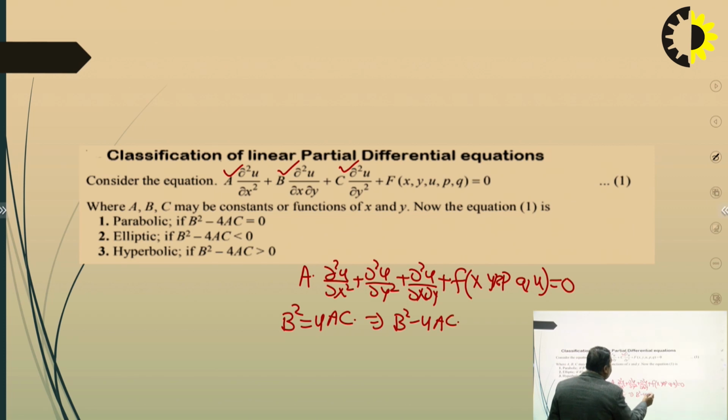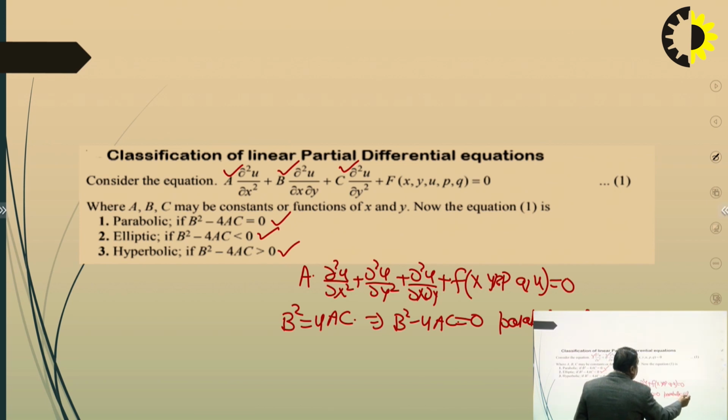There are three possibilities. It may be equal to 0, it may be less than 0, it may be greater than 0. If b square minus 4ac equal to 0, then it is a parabolic classification. If b square minus 4ac less than 0, then elliptic classification.